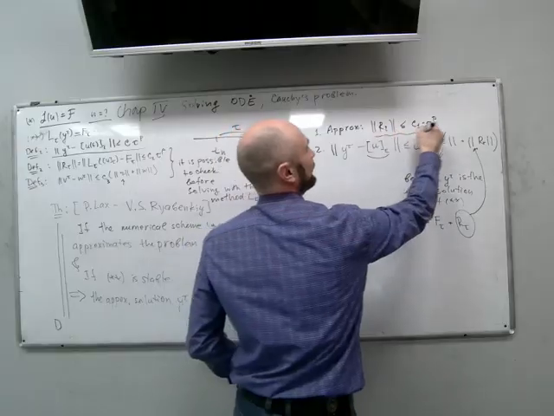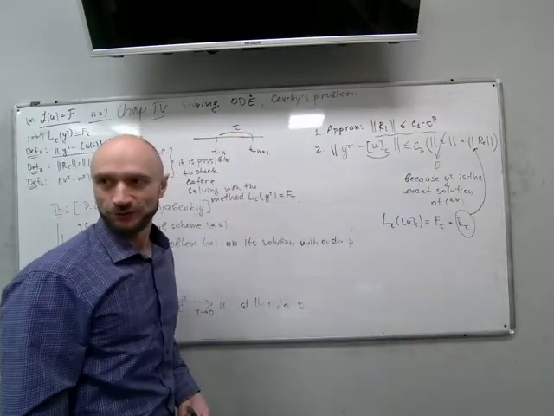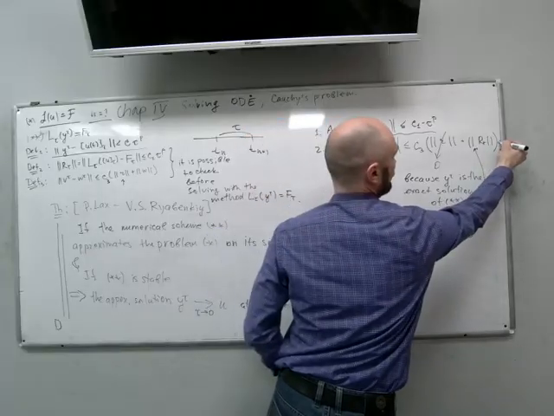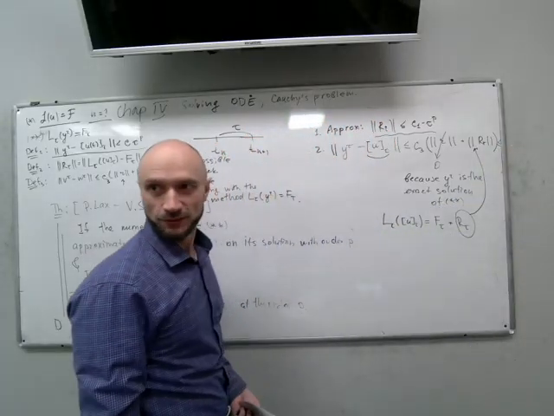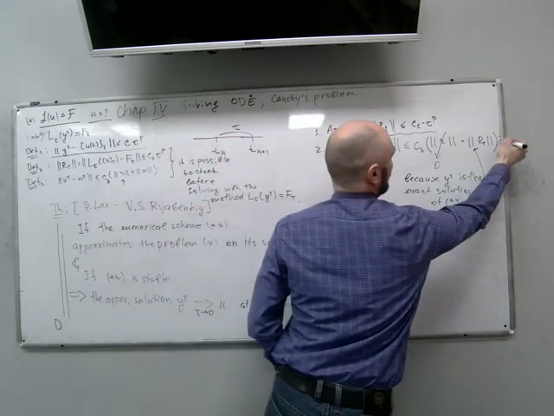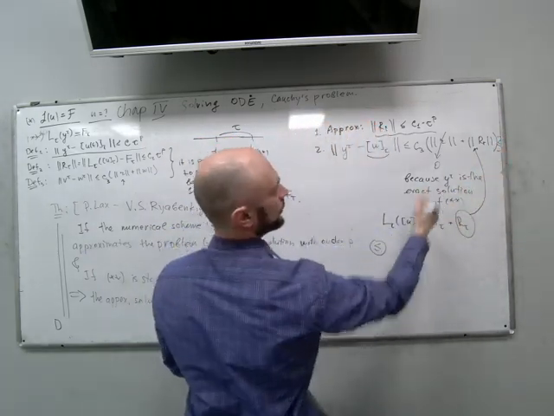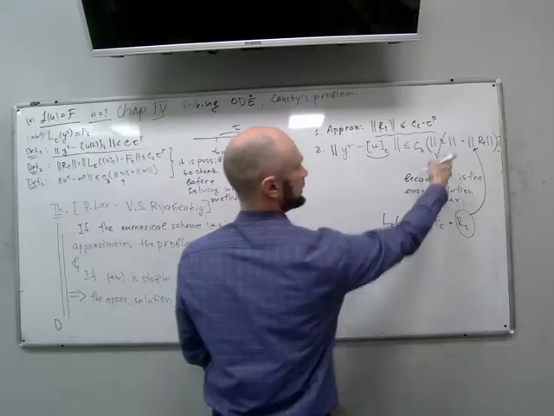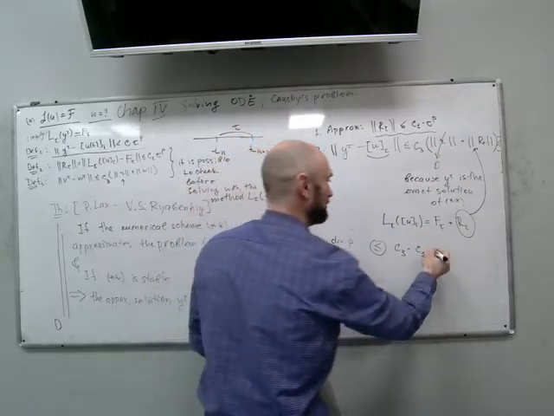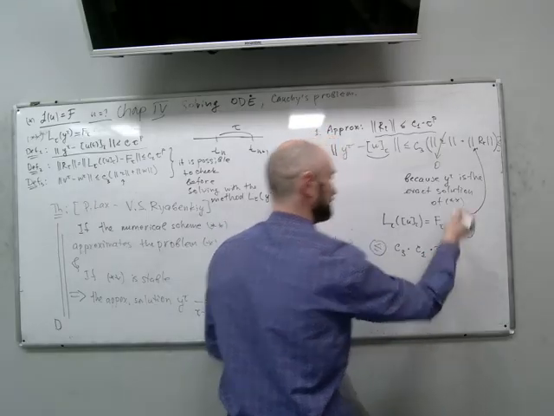Because of the first inequality, we can use it here. It is less or equal to C3, this is 0, by C1 by tau to the power of p.